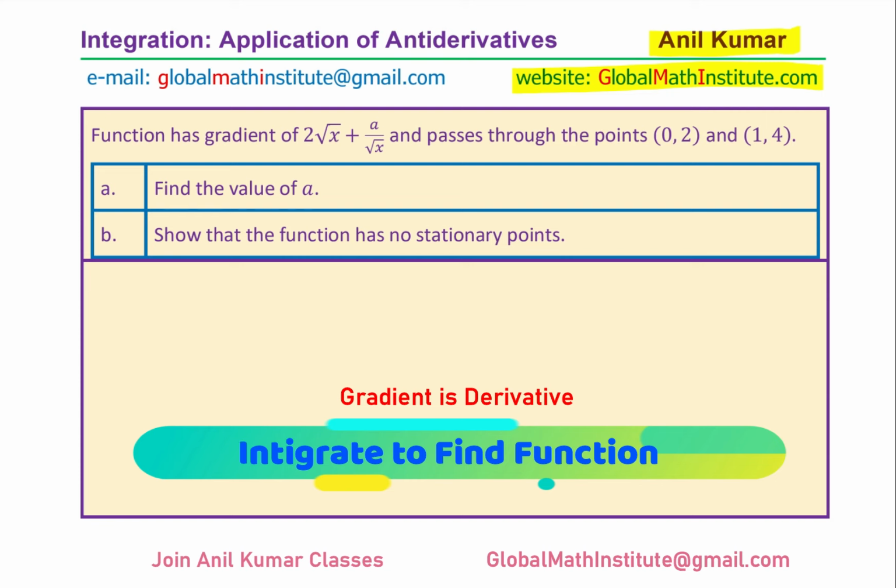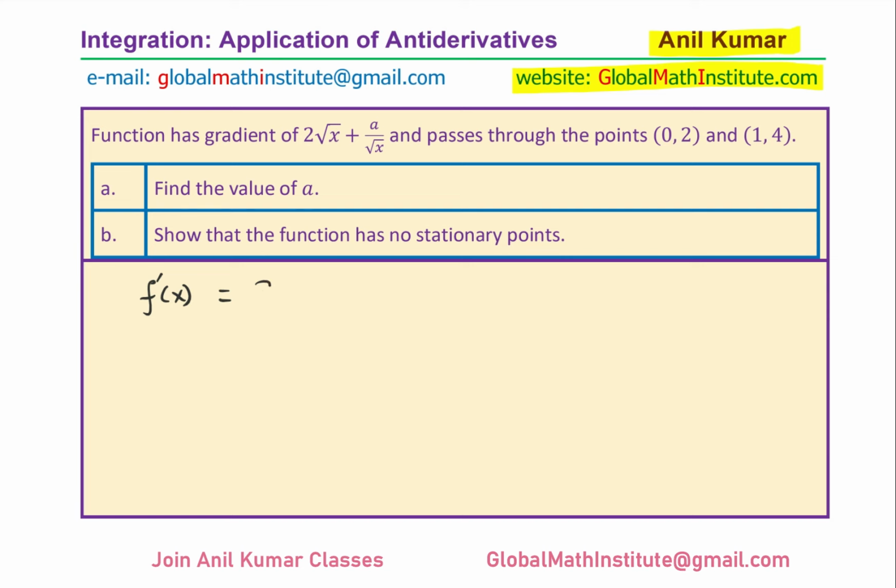Well, we are given the gradient of the function. First, we need to find the function itself. How are you going to find that? Let's write down the gradient. So the gradient of the function is given to us as equal to 2 square root x plus a over square root x.